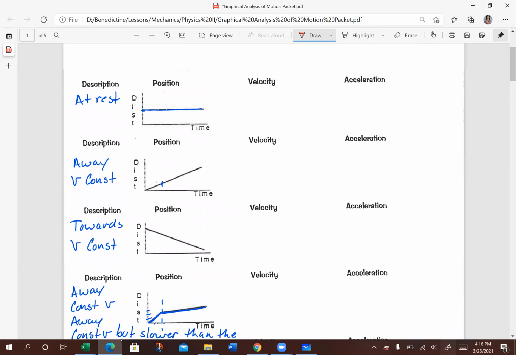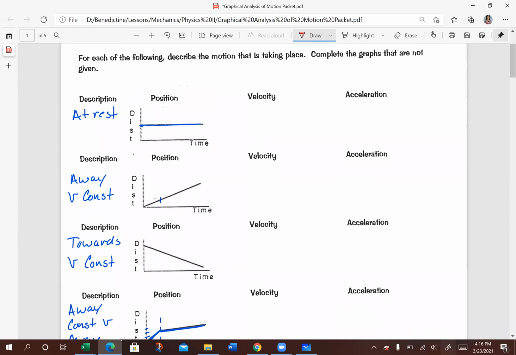So what you're going to do in this second column is to draw your velocity graphs. So here I'm going to make a graph at each part because velocity can go from positive, 0, negative. So this is velocity versus time. So I'm going to put all those in there to get it all set up. Positive, 0, negative.